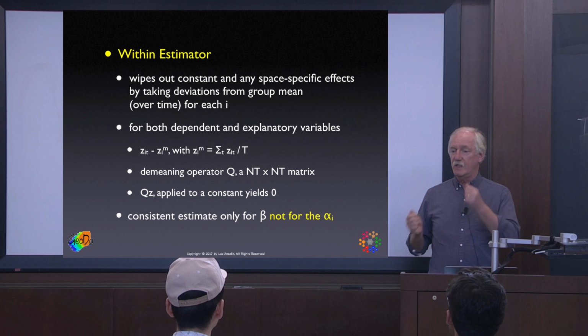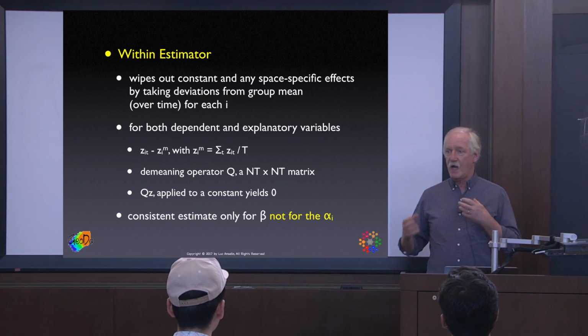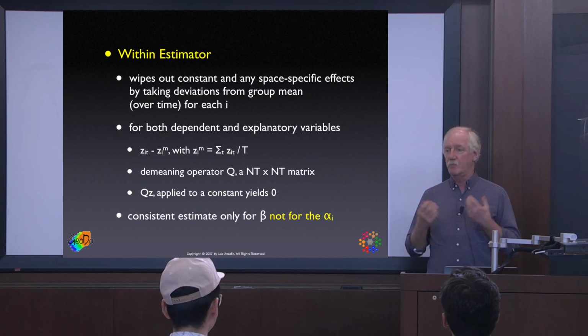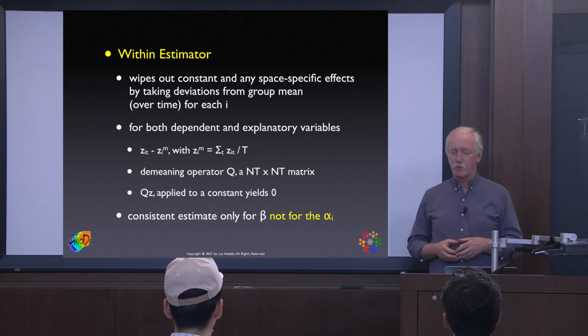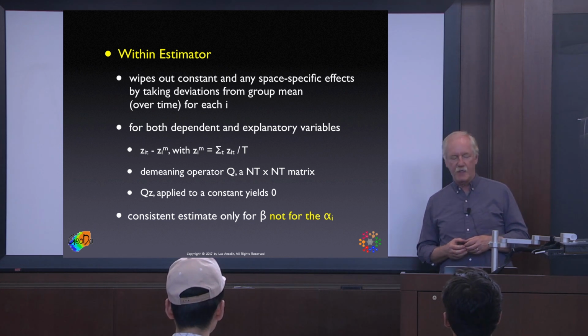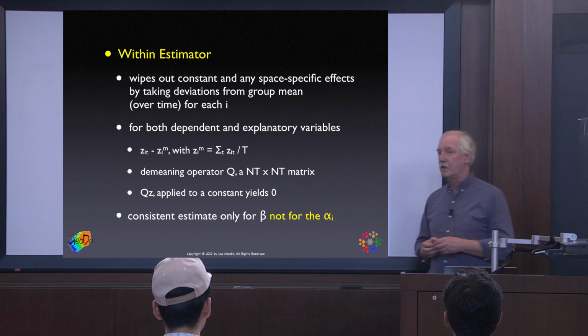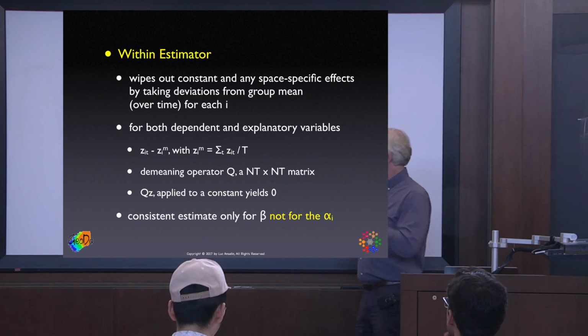Then you take the deviations from the time mean, that's going to be 0. So this is called, depending on the literature, demeaning or within estimation.